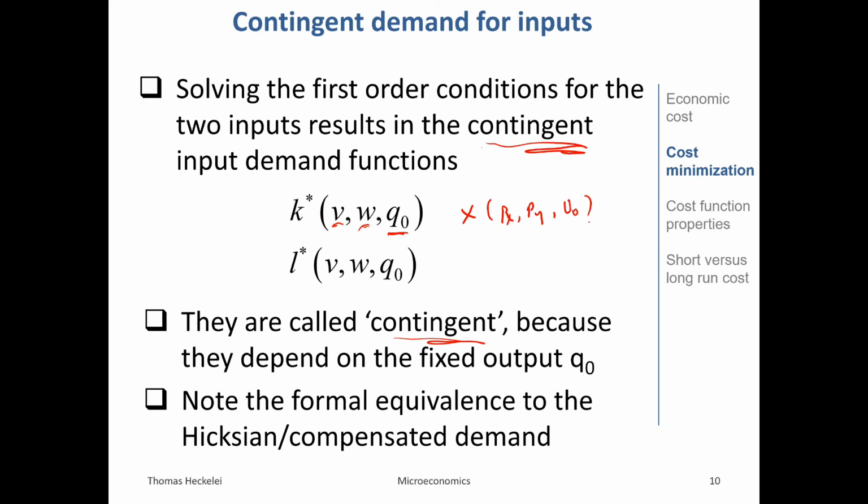The targeted utility level, or the targeted happiness level, and the happiness of the firm is its production level. So they are analogous to each other.